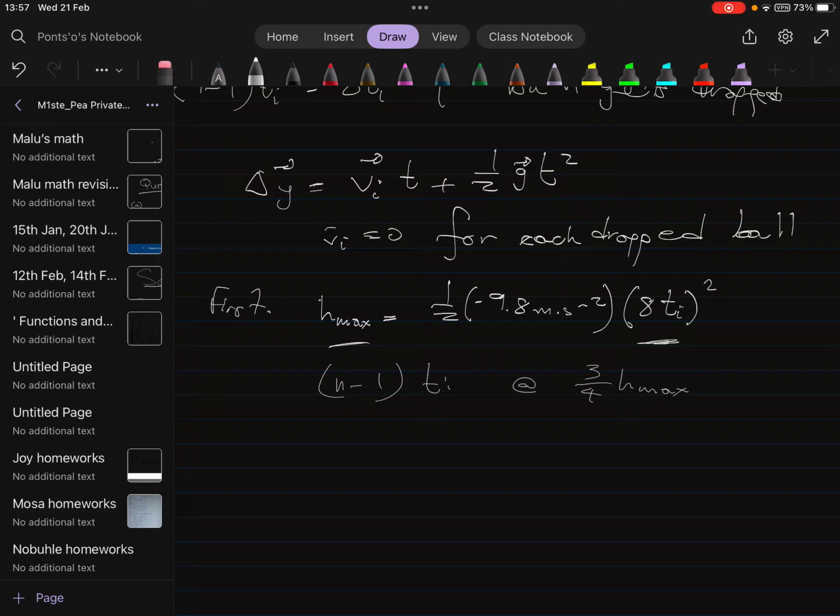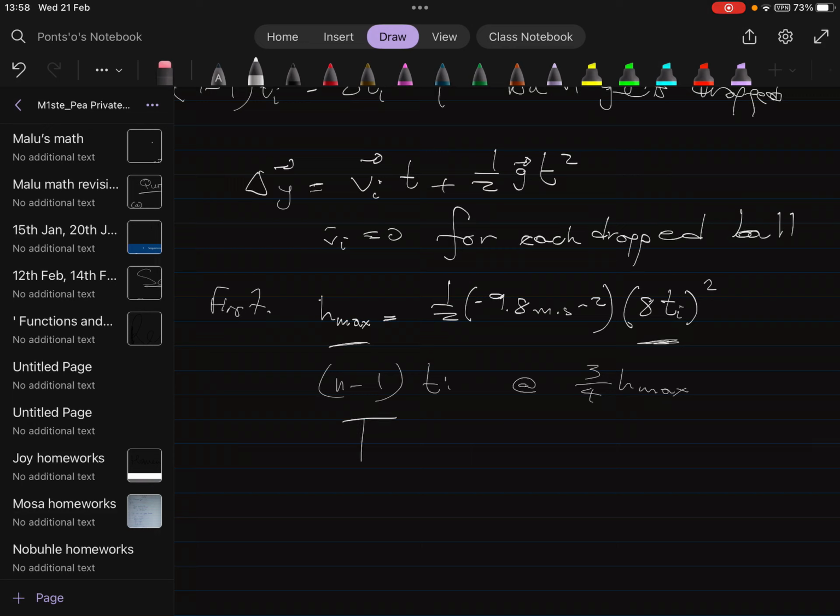The ball that we're looking for is, if this is our total height, somewhere there at 3/4 of that height. Now we know that it takes 8t, however many units of time that is, for the first ball to hit the ground. We don't know which number the ball occupies, the one that's at 3/4 of the height. But if it's at 3/4 of h max, it has traveled a quarter of the height of that max.